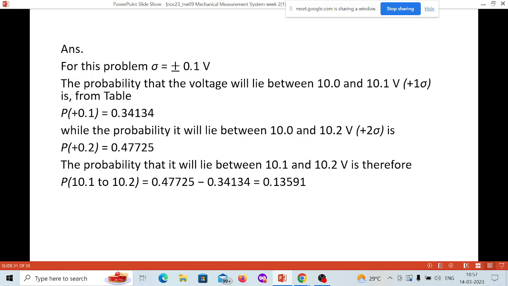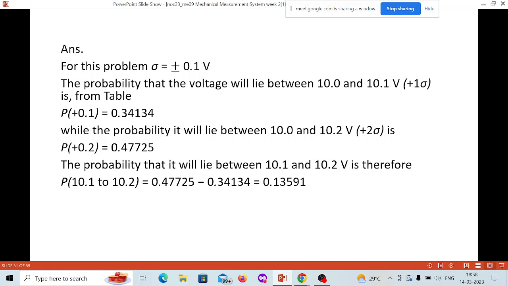For this normal distribution, from the table, you have a value eta, which is defined by x by the standard deviation. So you substitute x as 10.1 divided by 0.1, which gives you the eta value, and you find the probability there.